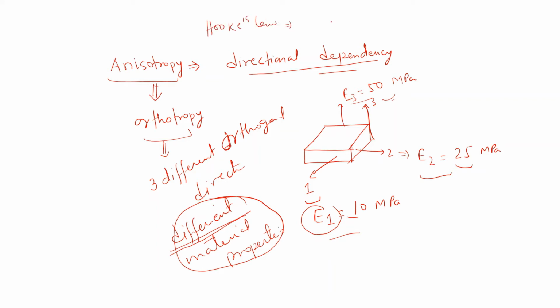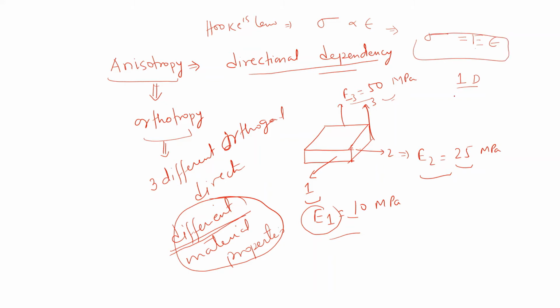We remember that Hooke's law states that the stress is directly proportional to the strain. When the proportionality sign is replaced with the equality sign, the stress is related to E times strain. When it was one directional, 1D, we generally used stress as E times strain.